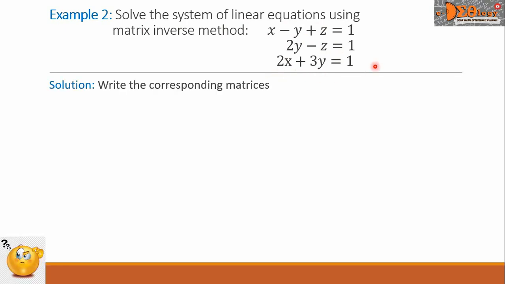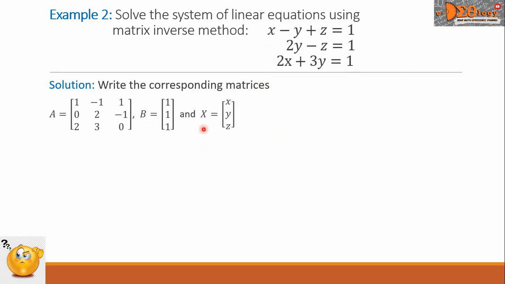Let us now write the corresponding matrices. Matrix A is this matrix. This is a 3 by 3 matrix that corresponds to the coefficients of the variables. Next is the matrix B, and this is a 3 by 1 matrix that corresponds to the constants of the equations respectively.